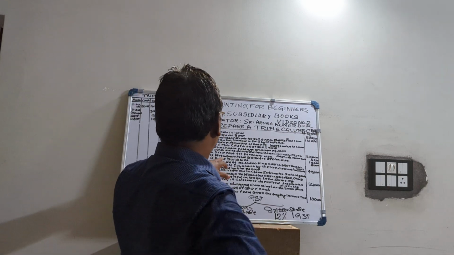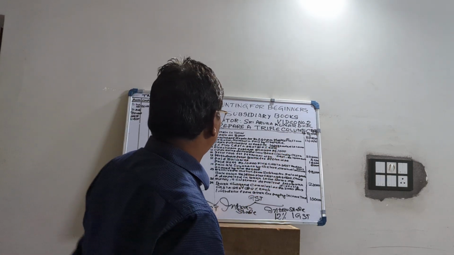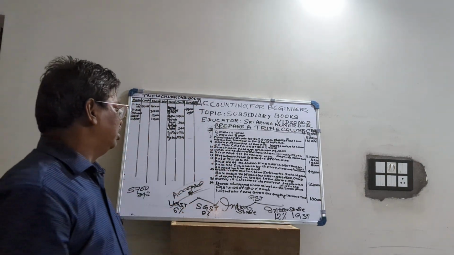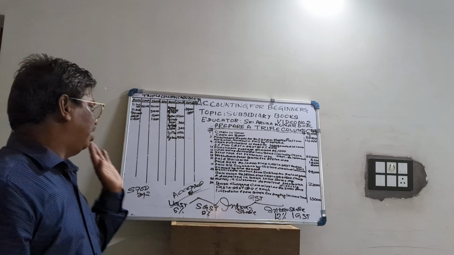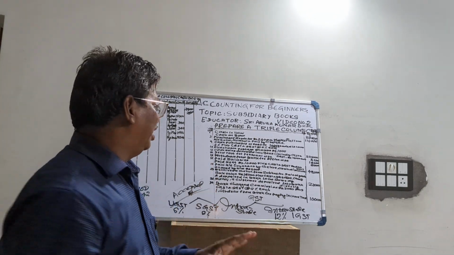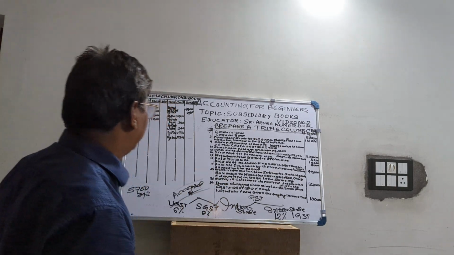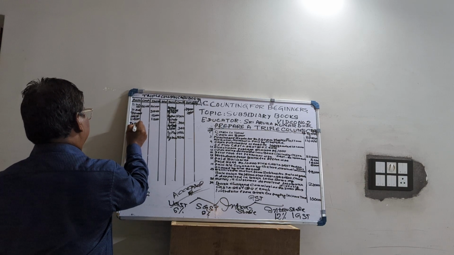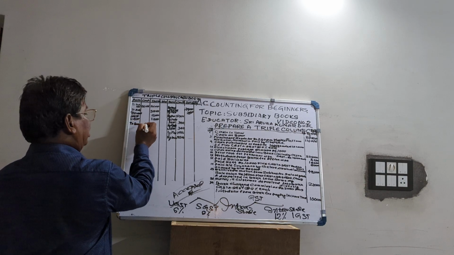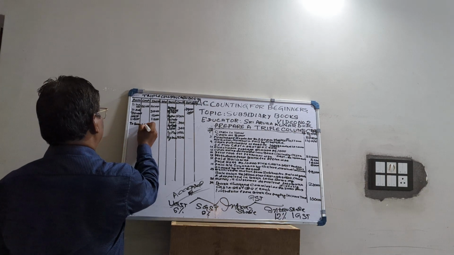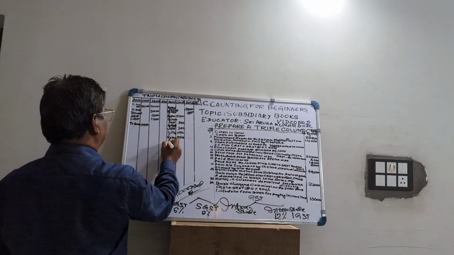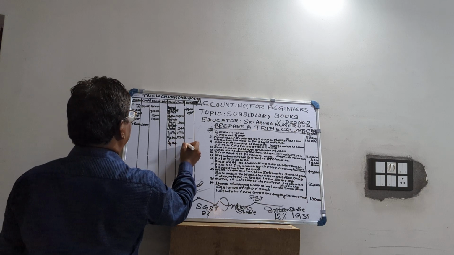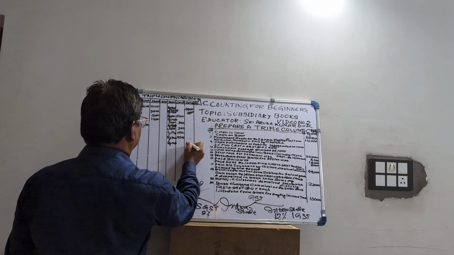Then next, withdraw from bank for office use. When he is withdrawing cash from the bank for office use, cash comes to the business, so cash account debited, bank is the giver, bank account credited. So 16,000 on the cash column, on the debit side write to bank. On the credit side of bank, it is withdrawn, so by cash, in the bank we will write 16,000.